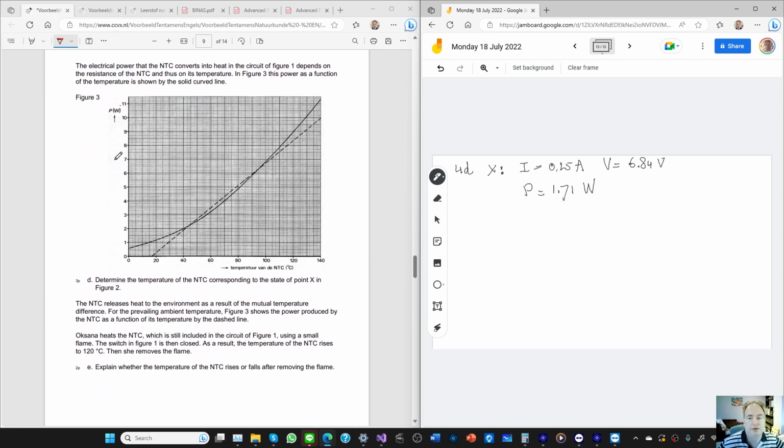Okay, so now we need to figure out at what temperature the power is 1.71. So this is 1.5, this is 1.7. It's like two minor grids above 0.71. So somewhere here.